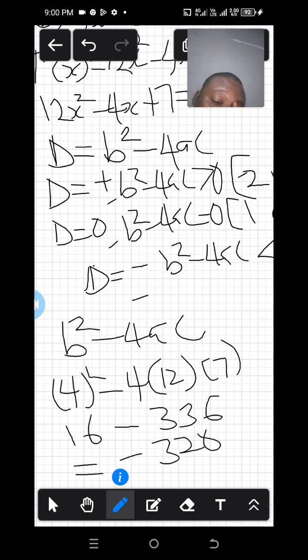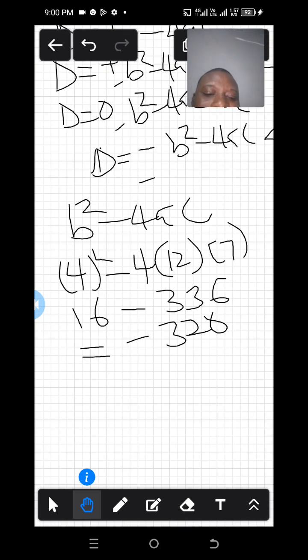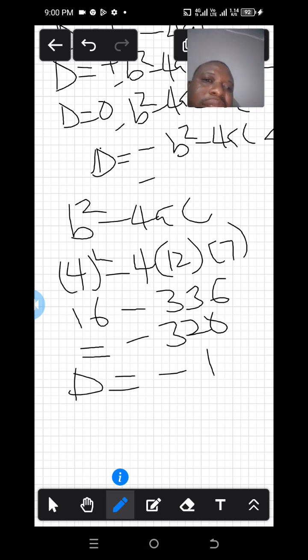Since the discriminant is negative, it has no real solution. And if it doesn't have a solution like that, it implies that there is no critical point, because there's no way we can get a value for that. There is a concept of complex numbers, which is another concept, but we need a real solution.